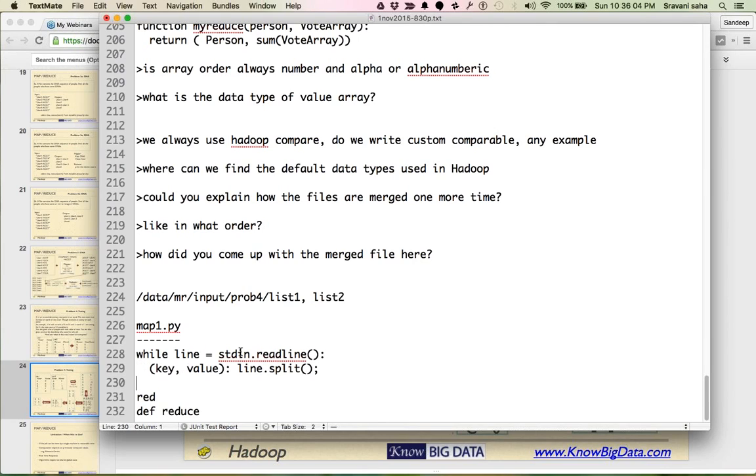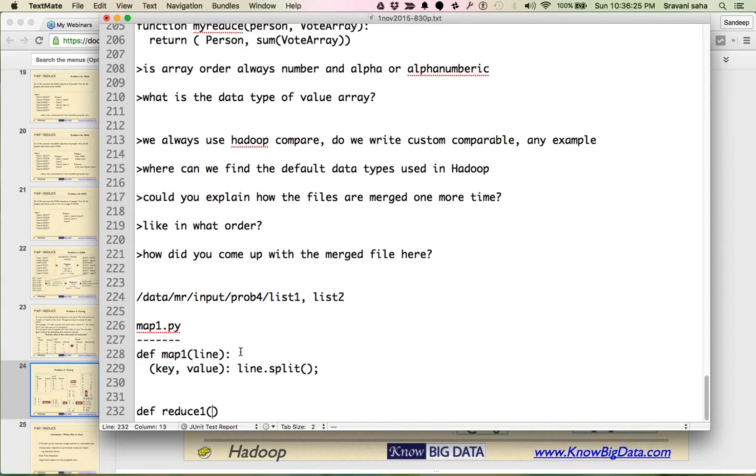How should I describe it? It will be better if I write this pseudocode. Actually, map one line, and this is what we do. That's it.